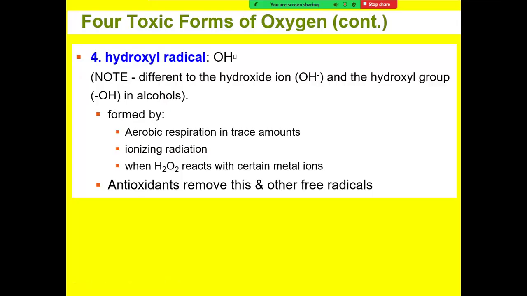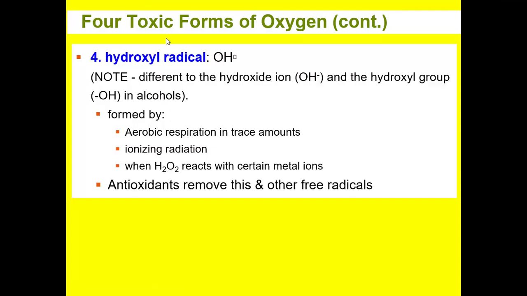Hydroxyl radicals are always made by aerobic respiration in trace amounts. They're also made by ionizing radiation. And when hydrogen peroxide reacts with certain metal ions, you can make hydroxyl radicals. There are antioxidants in the body, at least the human body, to react with and neutralize the hydroxyl radical.